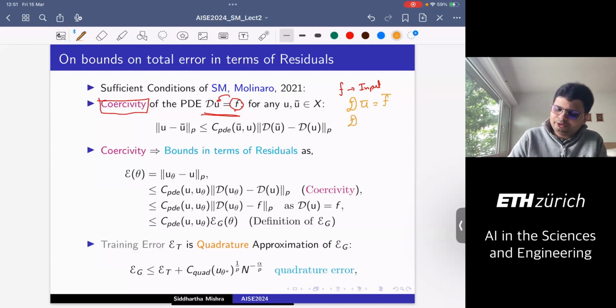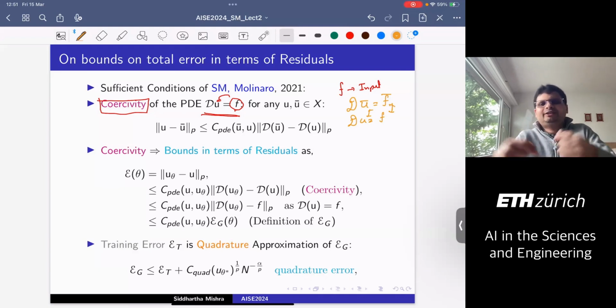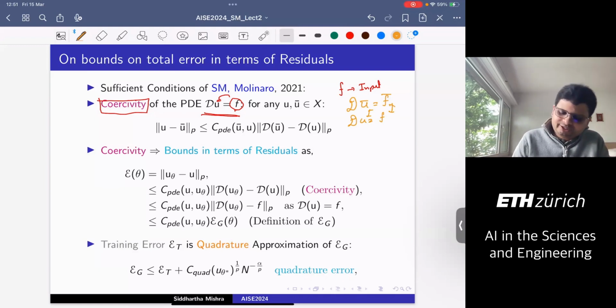Remember that my original PDE is D u equal to f, and now I have D u bar equal to f bar. So the idea is I perturb f. I have an f bar which is close to f. What happens to u and u bar? This is a question of stability. I change the inputs to the PDE a little bit. Does it also get reflected in how the solution behaves? And coercivity says yes, that is indeed the case.